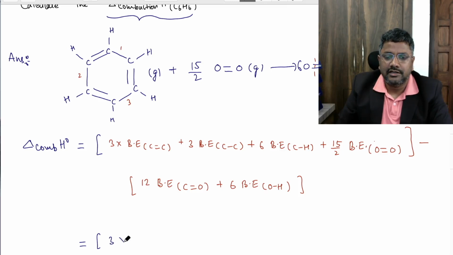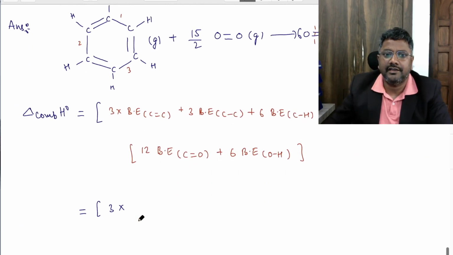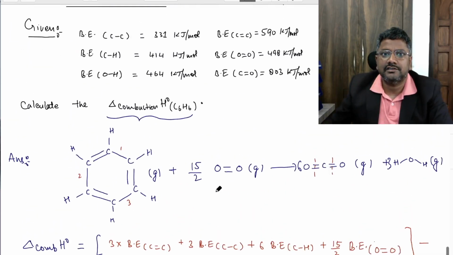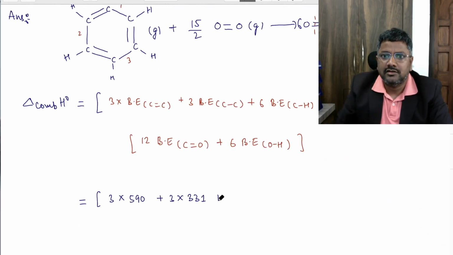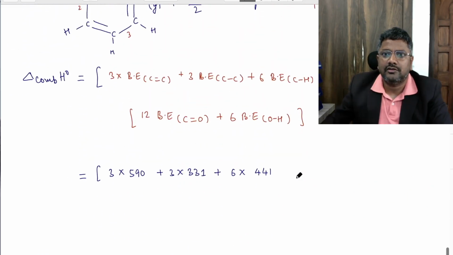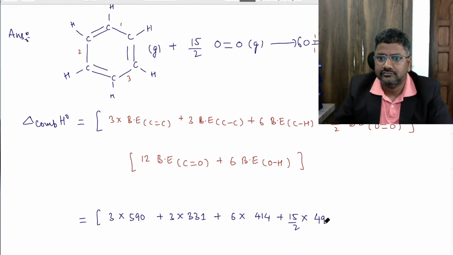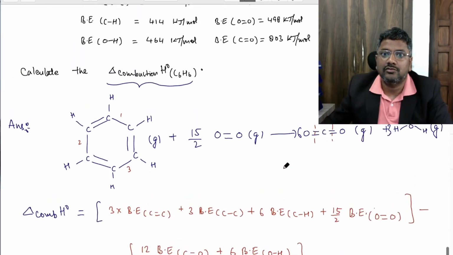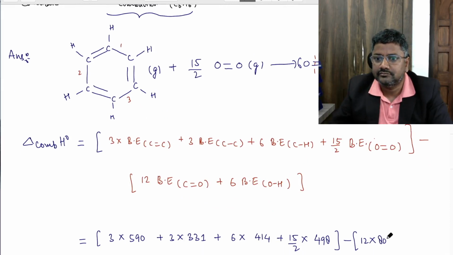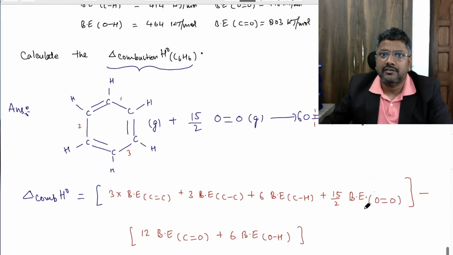So 3 into bond energy of C double bond C, C double bond C is 590, 3 into 590, plus 3 into bond energy of C single bond C, C single is 331, plus 6 into bond energy of CH, I think it is 414, okay, 414, plus 15 by 2 into bond energy of O double bond O, 498, minus 12 into bond energy of C double bond O, C double bond O is 803, plus 6 into bond energy of OH, 464.